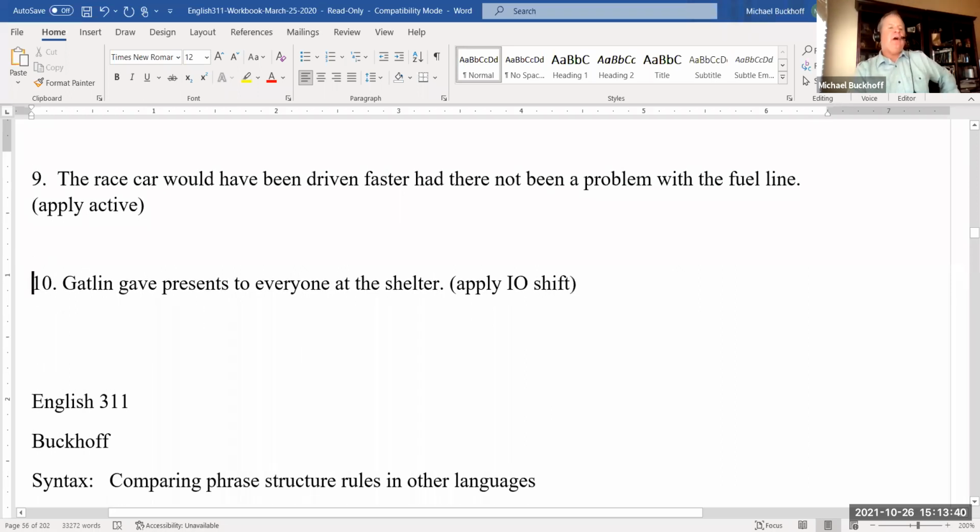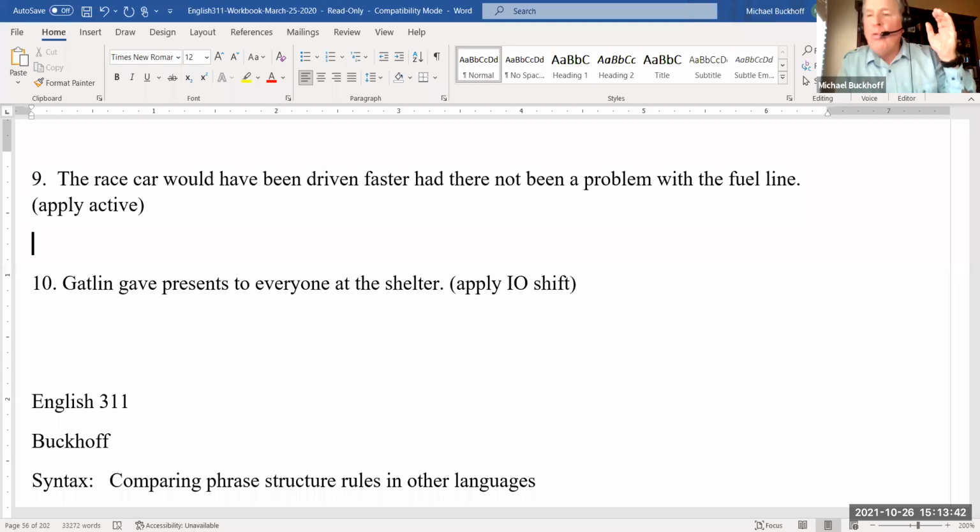Okay, let's look at number 9. The race car would have been driven faster had there not been a problem with the fuel line. So we need a subject, but the subject's implied. Can somebody give me a subject here? Because we're changing it to active voice. What would we say? The race car driver? Good.